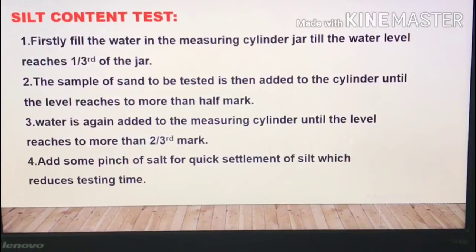Here, note down one point. We are conducting this test at field, that's why we are using purely water and some pinch of salt. But in the laboratory, we are using 1% of NaCl solution.